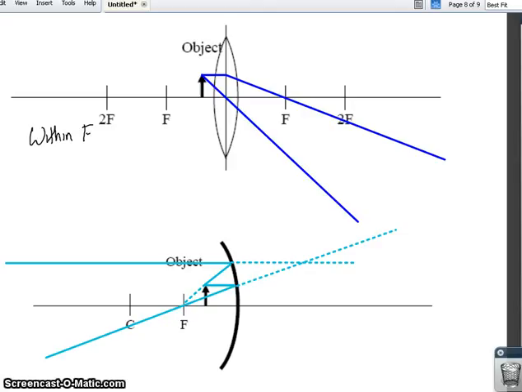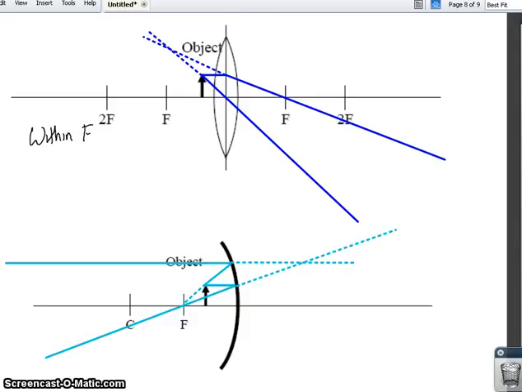So we're going to draw the extensions of the reflections here. And so we can draw a line like this. That is pretty much parallel or in line, and this is going to come up like this.